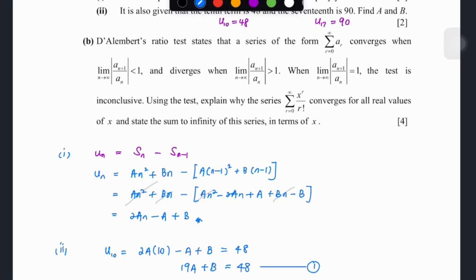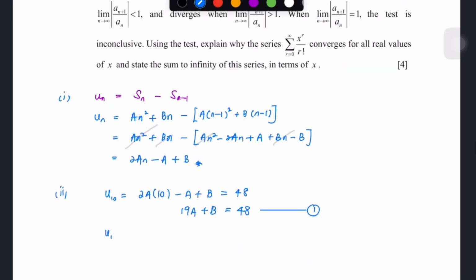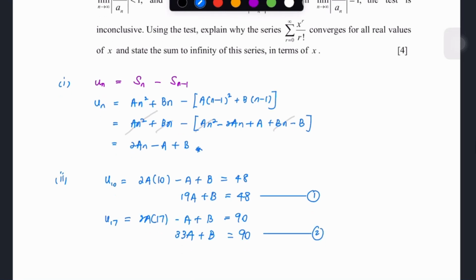Second one, U17 is 90. So U17 will be 2An minus A plus B. This one equals 90. So 33A plus B equals 90. For this one I see the marks, 2 marks. Generally speaking, you can use the GC.